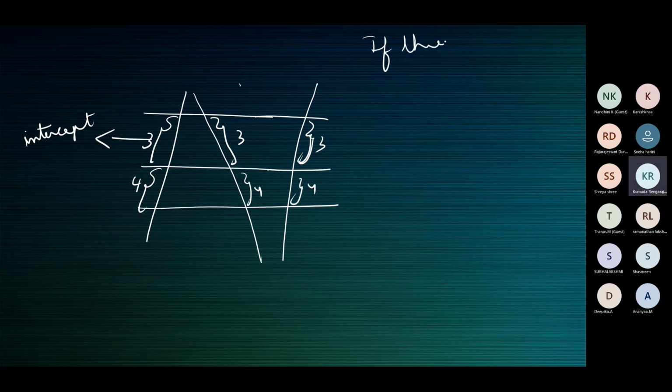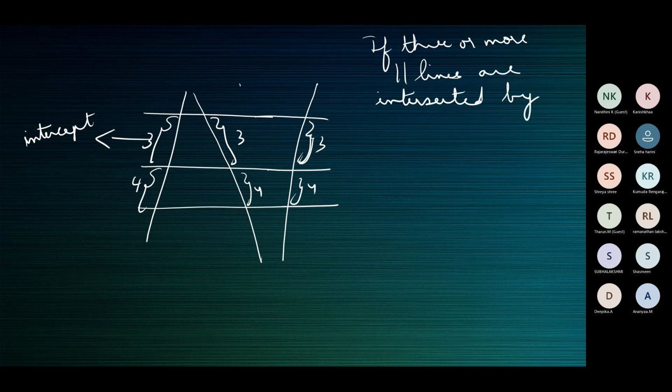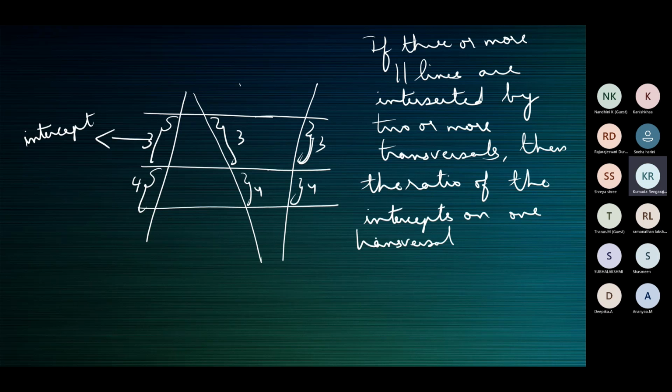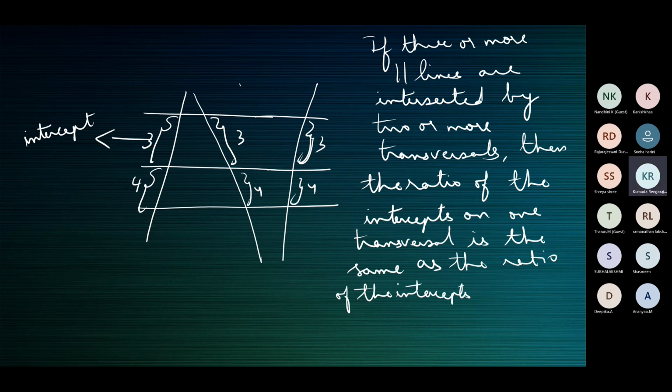If three or more parallel lines are intersected by two or more transversals, then the ratio of the intercepts on one transversal is the same as the ratio of the intercepts on any other transversal.